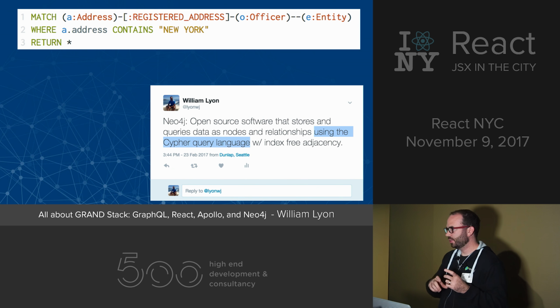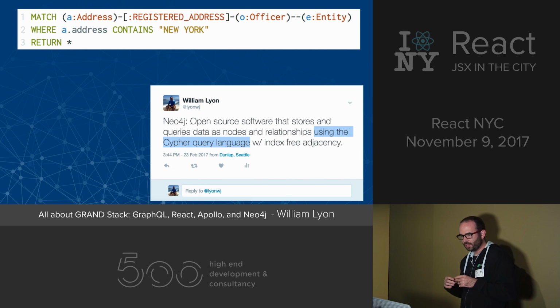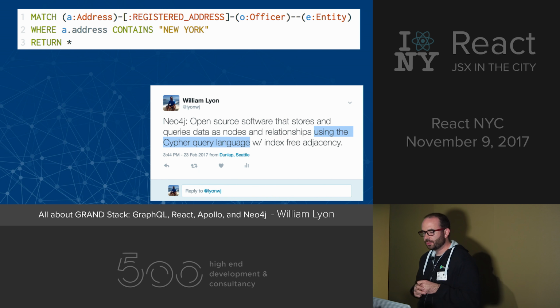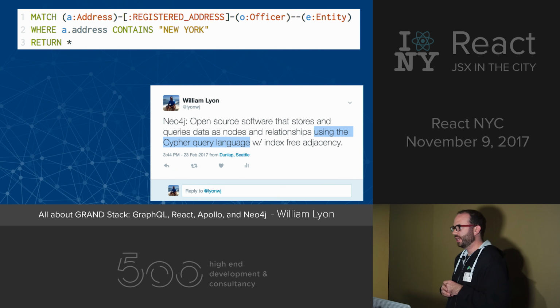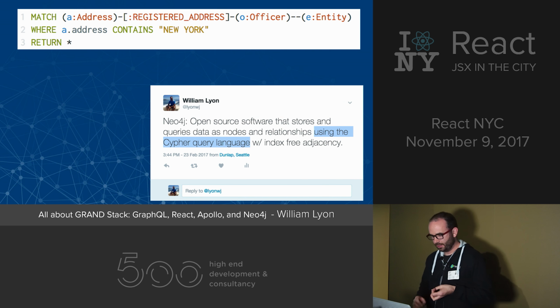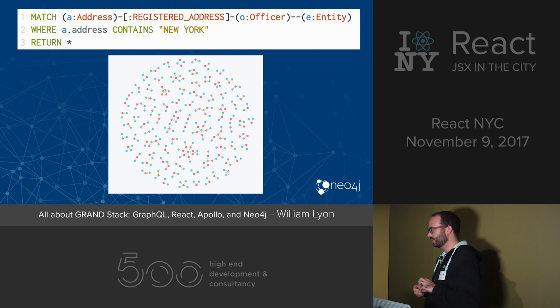And then from those officer nodes, find any legal entities that they're connected to. Then we're filtering for addresses that contain New York. So this query essentially says, find anyone with an address in New York that has a connection to an offshore legal entity, and then show me what that looks like.